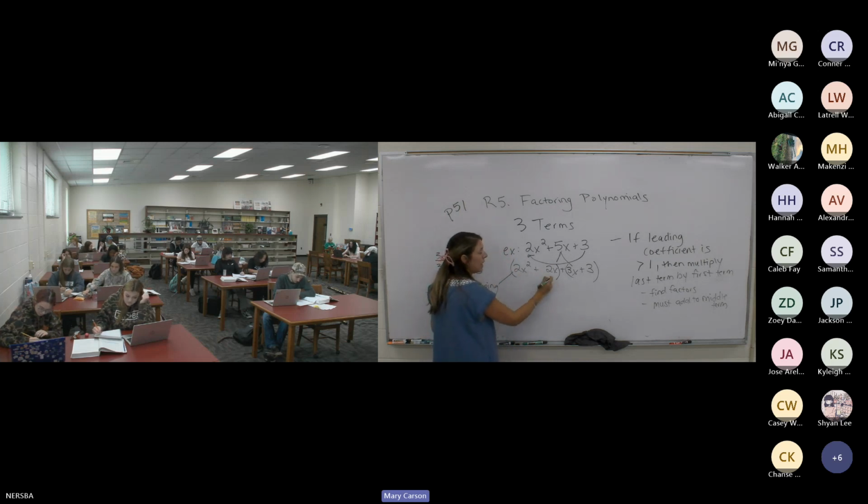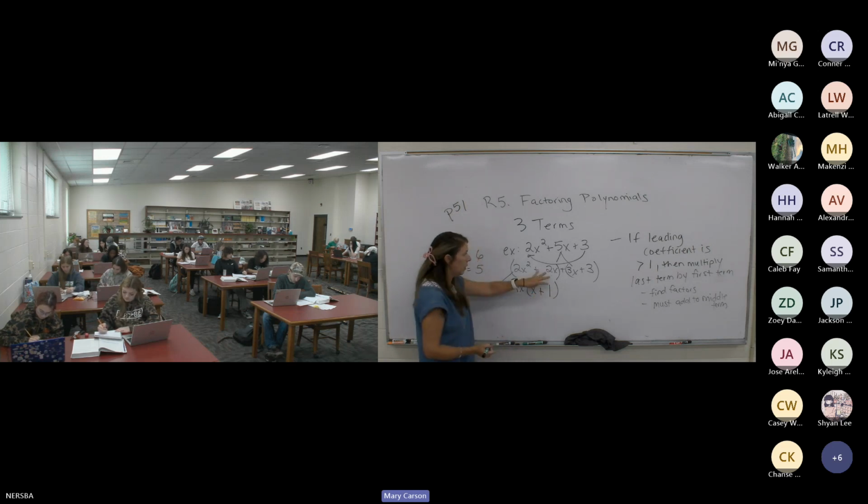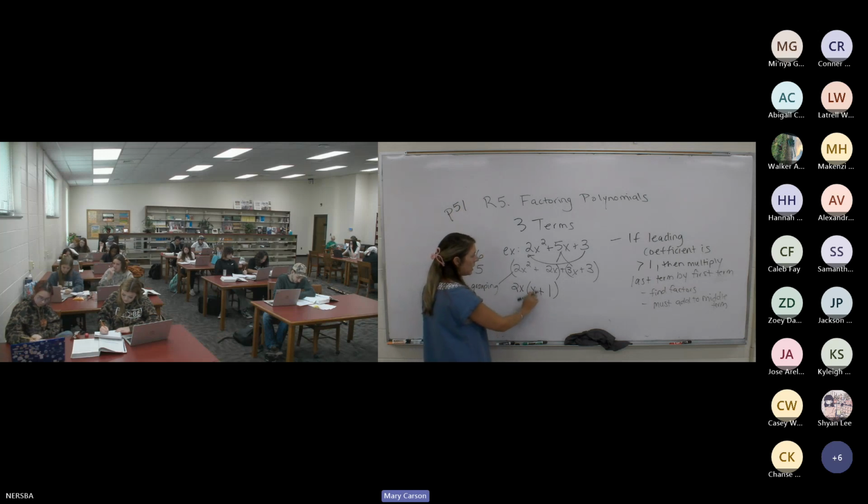They both have a 2 and they both have an x. And what's left over goes inside the parentheses. So 2x times x, plus 2x times what's going to give you 2x? A 1. So I just factored that part. I pulled out my 2x, and if you check it, 2x times x gives you 2x squared, and 2x times 1 gives you 2x.